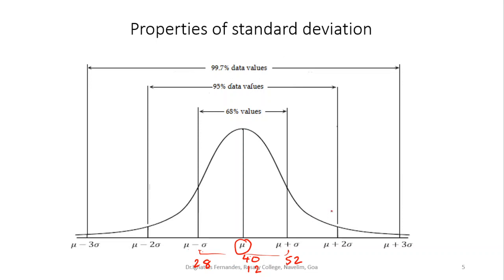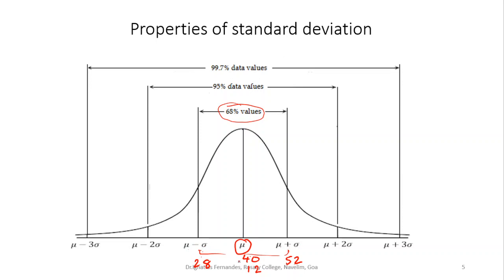In a symmetrically distributed curve, it is known that 68% of the data values are within these limits. So we can be sure that 68% of this data set are between rupees 28 and rupees 52 for that example. In general, 68% of the values are between mean minus sigma and mean plus sigma.